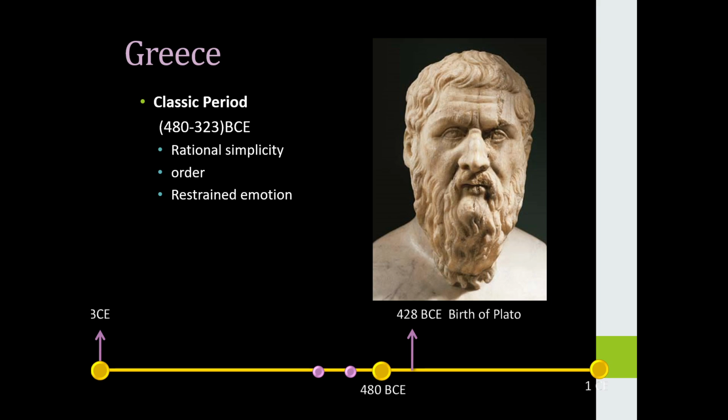The next part is going to be order. Order is very important in how you solve problems, in how you see things. So you're going to start seeing Greek society organizing their cities, their culture, their gods. Everything has an order. And last but not least, a very important one that we talked about in the past, is this idea of restrained emotions. And why restrained emotions?